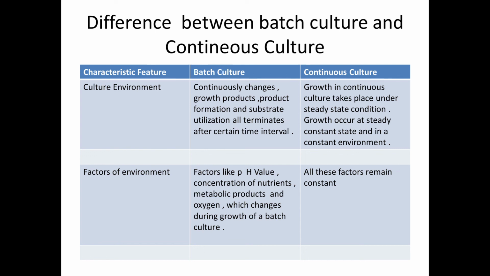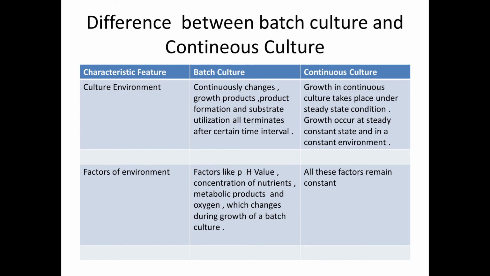In case of continuous culture, we put a certain volume of media, and we can also collect the products, and we cannot stop. Okay, so growth in continuous culture takes place under a steady state condition.